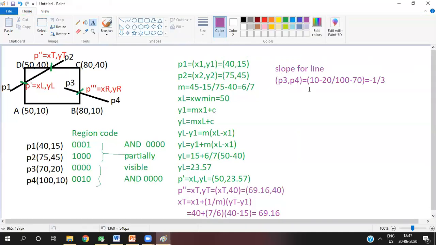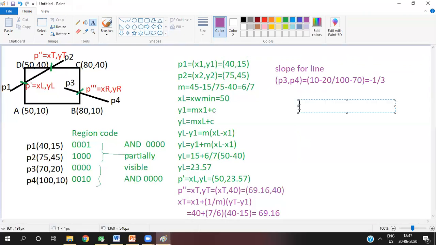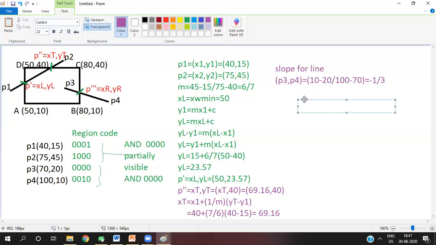Next, once you got the slope, what is unknown in this case? Yes, XR or YR? YR is unknown. Okay, YR is not known in P triple dash.